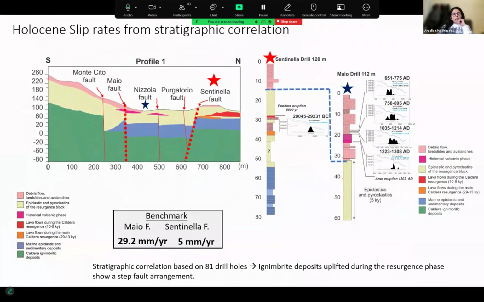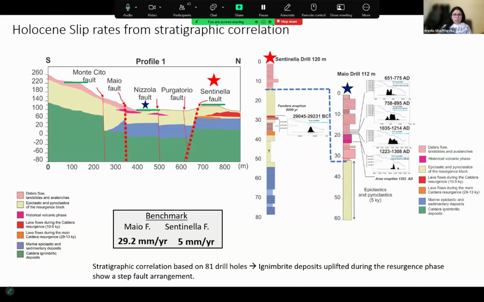Based on a stratigraphic correlation that I supported with the analysis of different drilling data and radiocarbon dates, I could estimate the cumulative slip rates, especially in the border faults of this graben. This was with the objective of having a geological benchmark to compare with my numerical results.